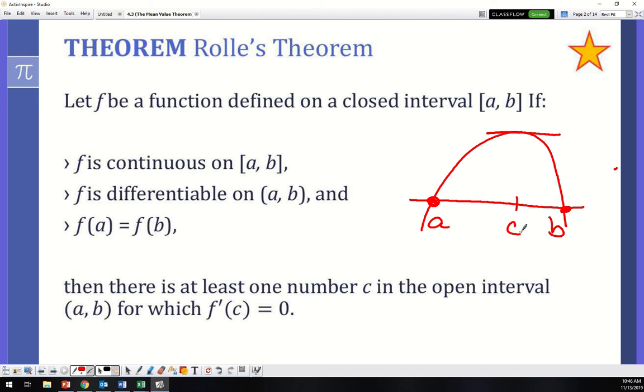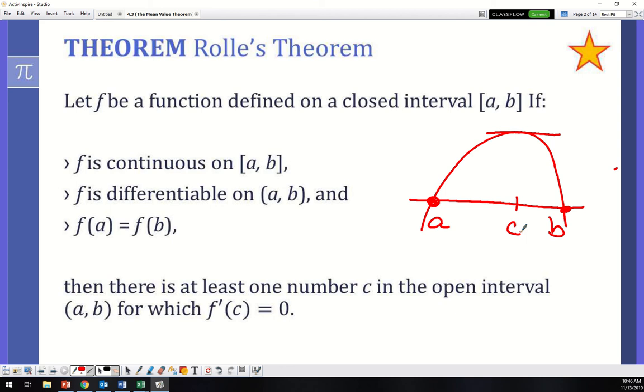So for the endpoints to work out, it's got to be some type of curve where there's got to be at least one point inside there where the derivative has a slope of 0. So the derivative gives me that there's going to be either a min or max somewhere in there. If you think about it, what goes up must come down, right? And that only works for this way.